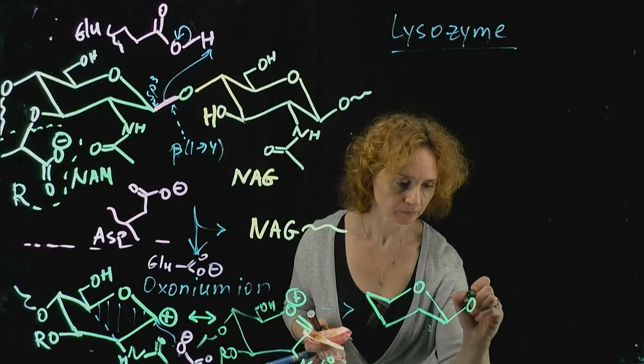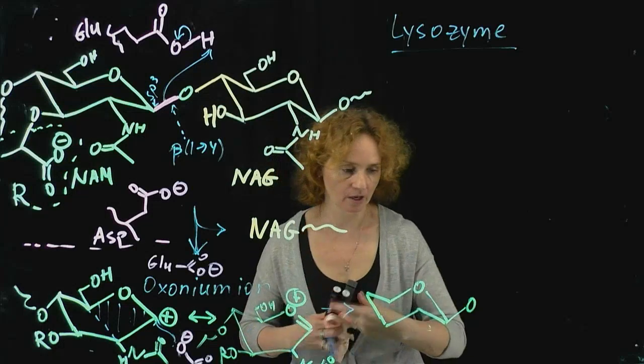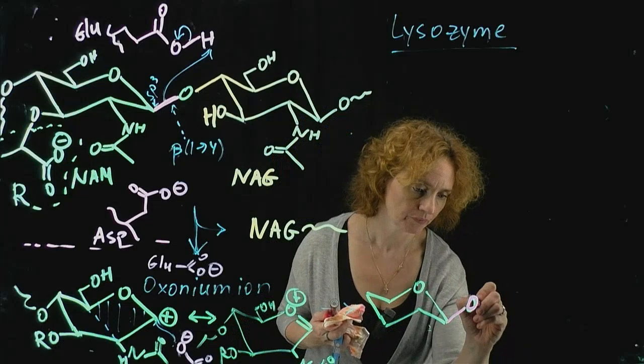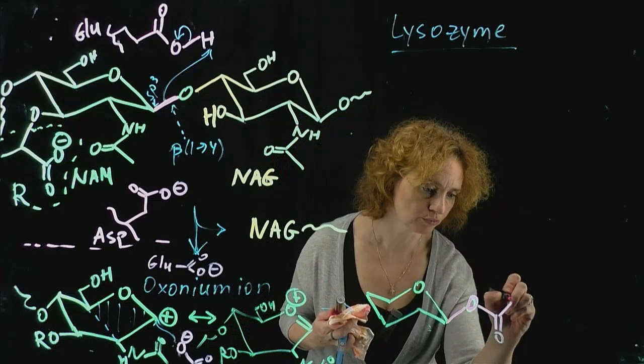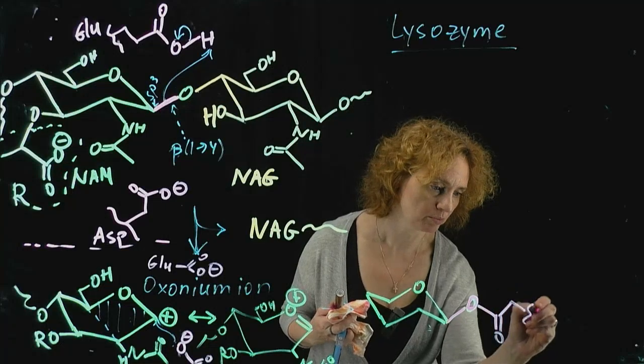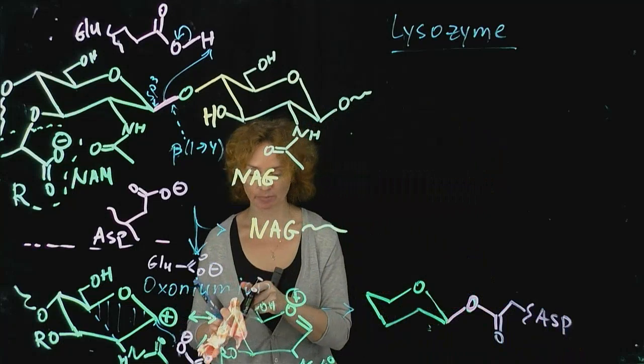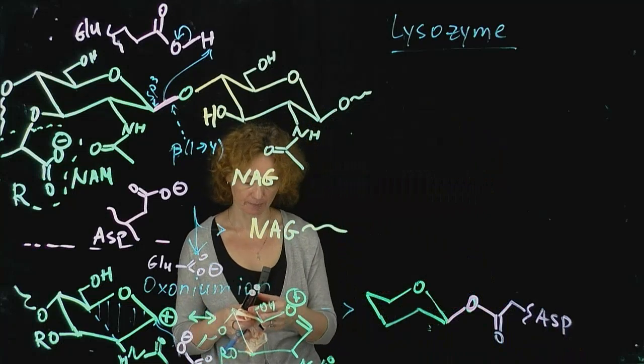Because here I will actually have the new glycosidic bond formed, and it's going to be between N-acetylmuramic acid residue and the aspartic acid residue of the enzyme.